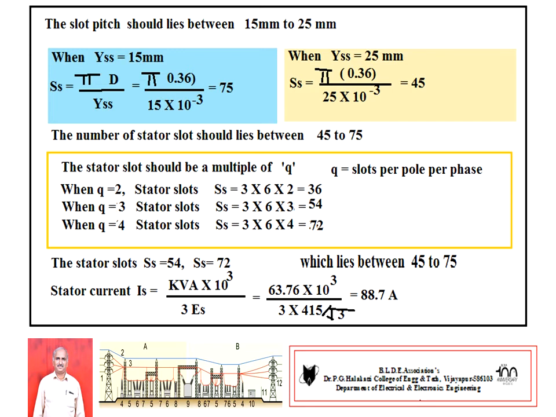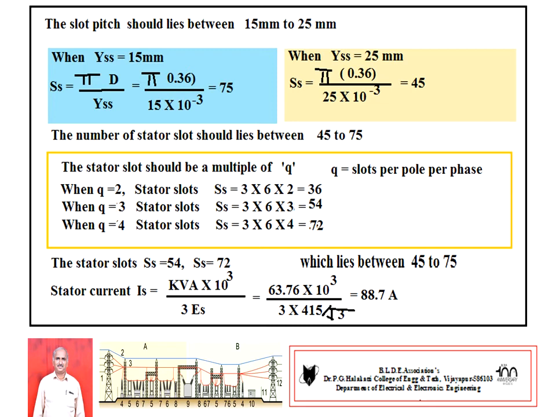When q equals 2, then stator slots equal number of phases into number of poles into q. Once again, number of phases 3, number of poles 6, q value 2, we are going to get around 36. Then you proceed for q equal to 3, same for q equal to 4.